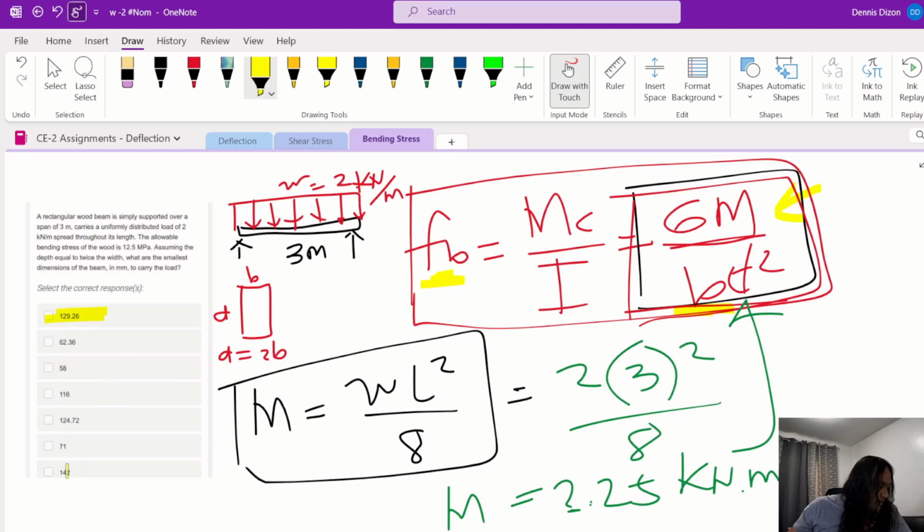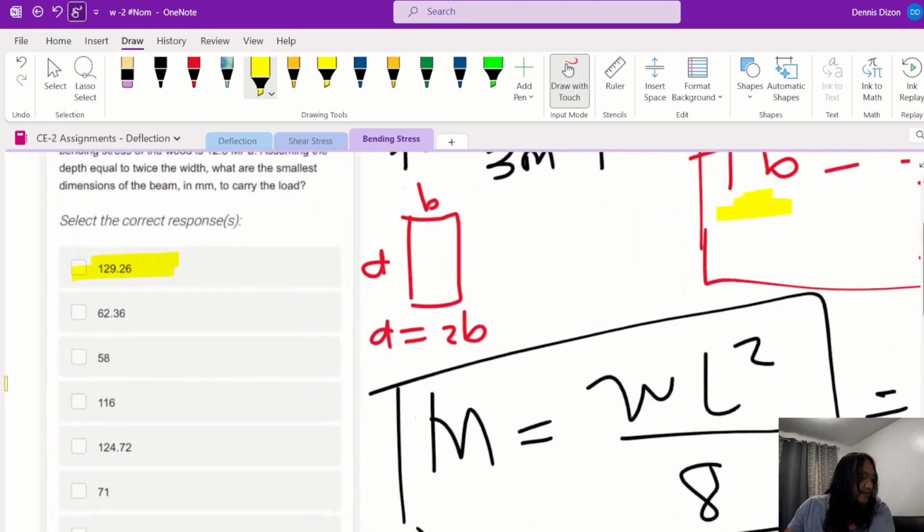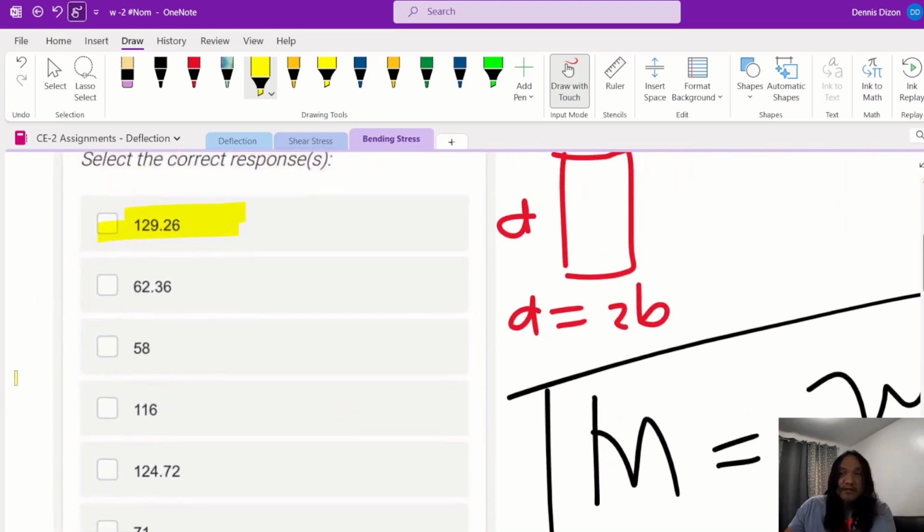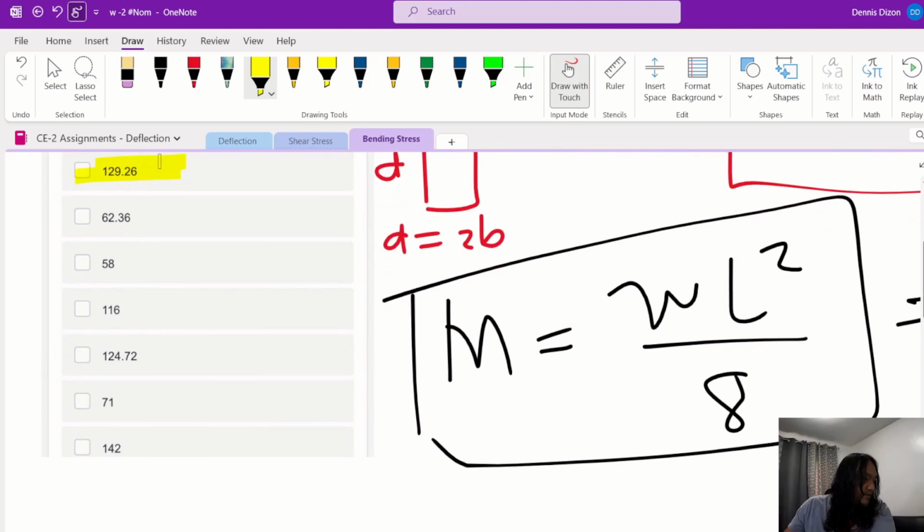Looks like there are lots of choices here, so let's zoom this out. We have 129, 62.36, and so on. Basically, if your d is 142, then b is 71, so these are pairs, b and d.